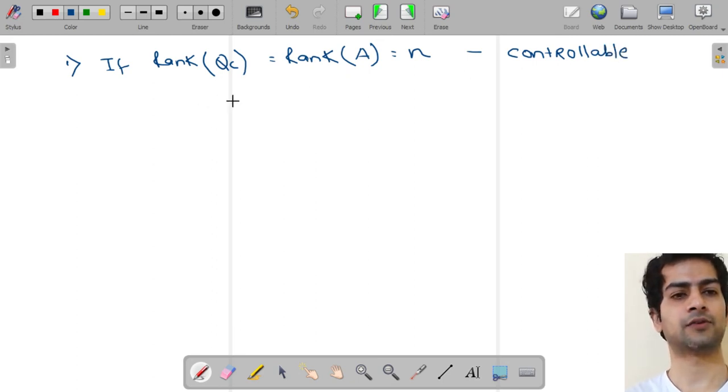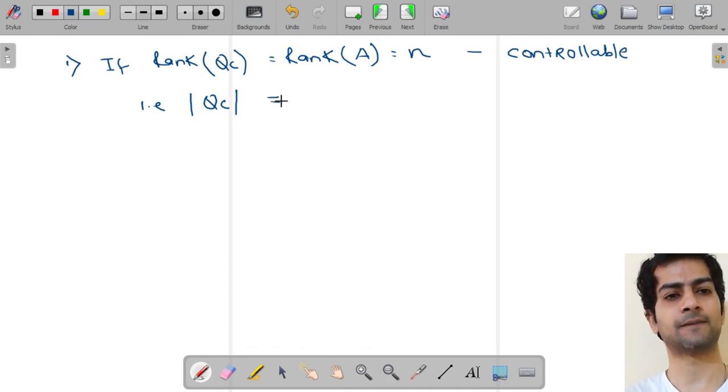In other words, we can also say that if determinant of QC is not equal to 0, then system is said to be controllable. And if these conditions are not met, then our system will become uncontrollable.